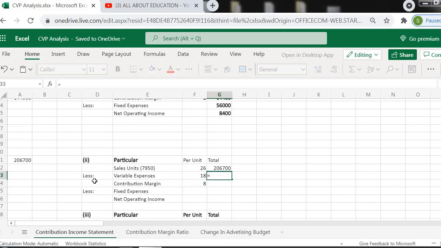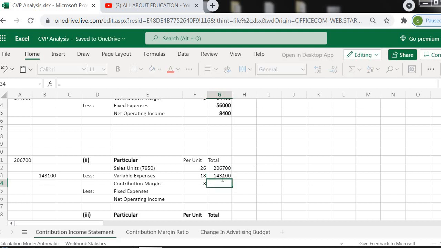Right here we have to multiply the total units, 7950, by 18 per unit to calculate the total variable expenses. So what we get? 1,43,100, right?